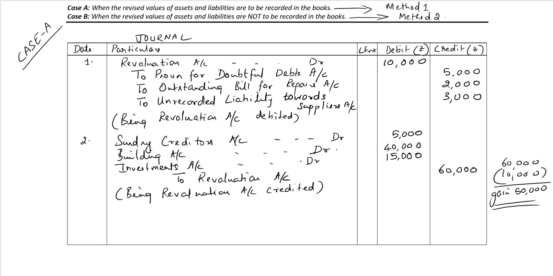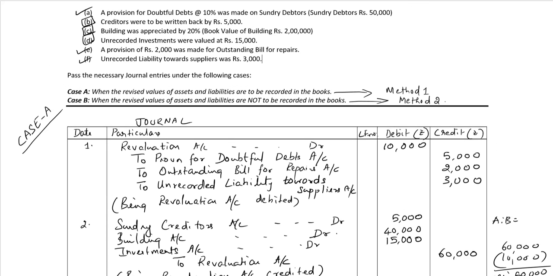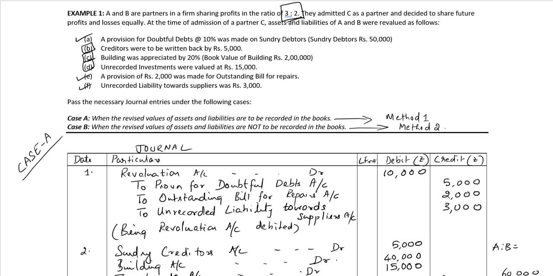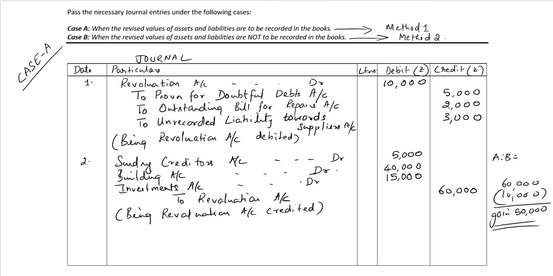In the first method, we need to distribute it among A and B in their OPSR. And the OPSR, which is given in the problem, is 3:2. A and B are partners sharing profits in the ratio of 3:2. So we need to divide this 50,000 in their OPSR, which is 3:2. So let's do the transfer of the gain on revaluation to partners' capital accounts.